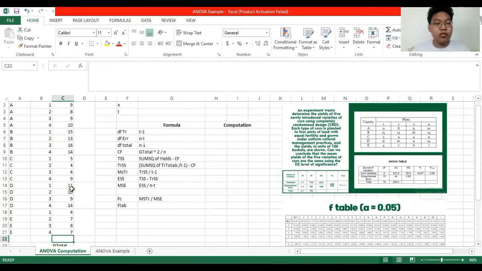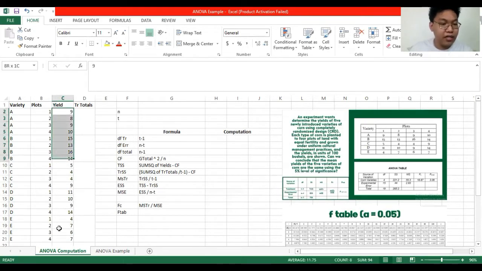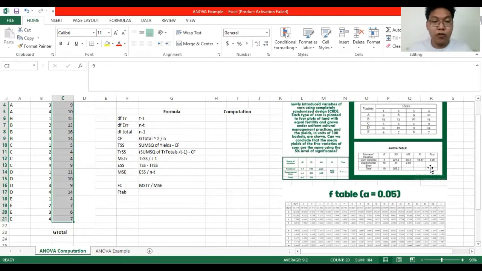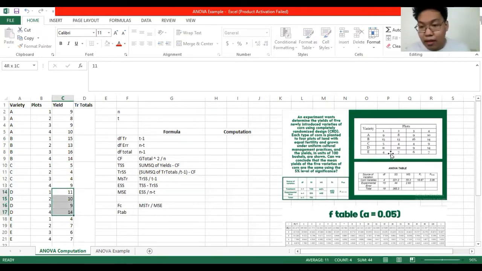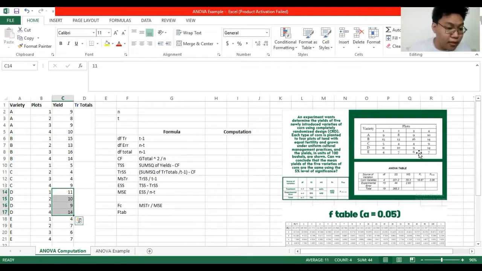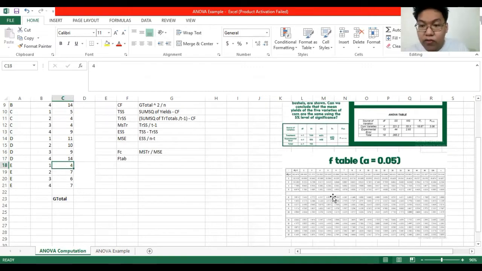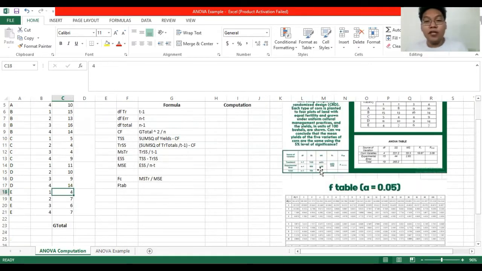So make sure that your input here is the same as your obtained results. You need to double check it: 9, 8, 9, 10, 15, 13, 16, 14, 5, 4, 4, 9, 10, and 11, 10, 9, 14, and lastly 4, 7, 6, 7. Okay, so that's it.